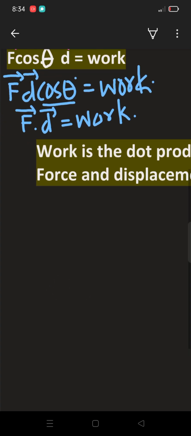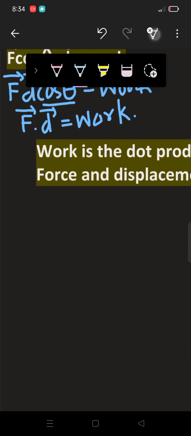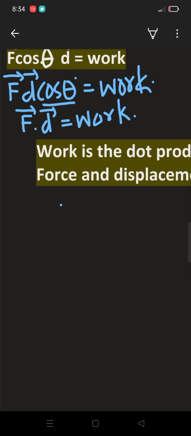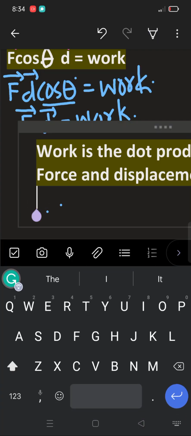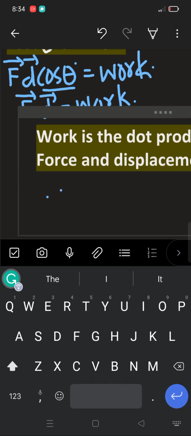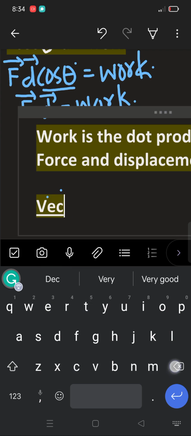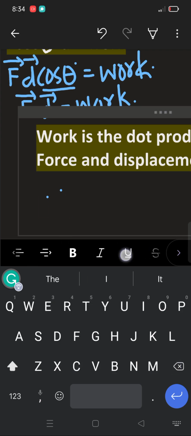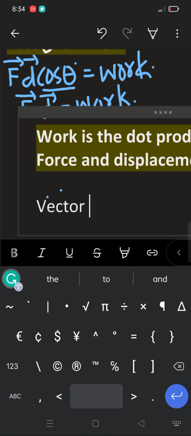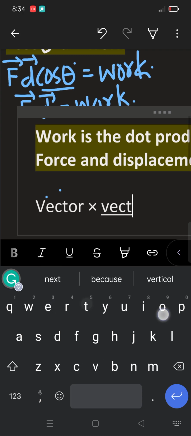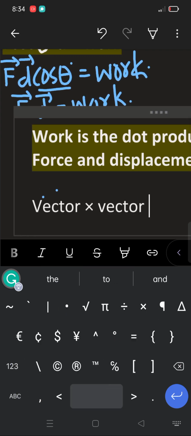So when I am multiplying two vectors together, for example, I have one vector and another vector, I am multiplying these both together, or I can put a dot here.